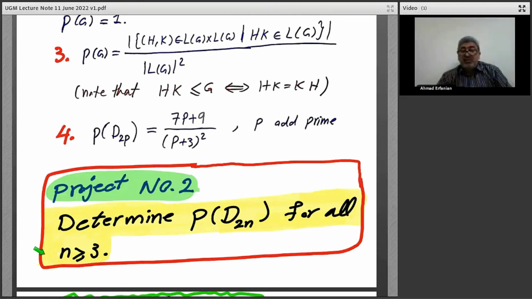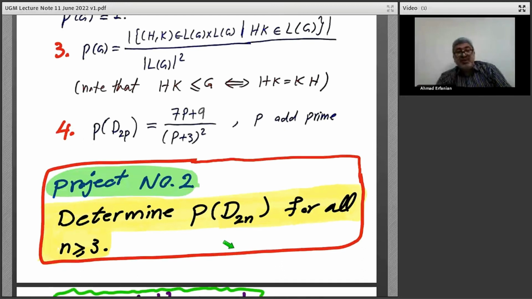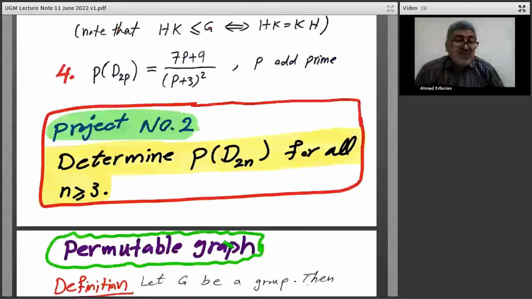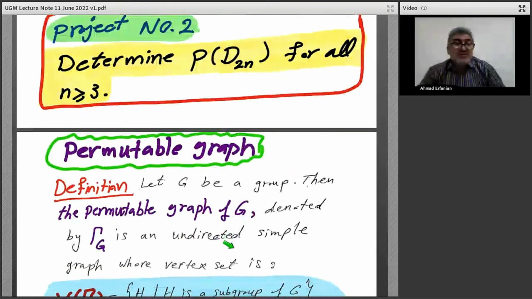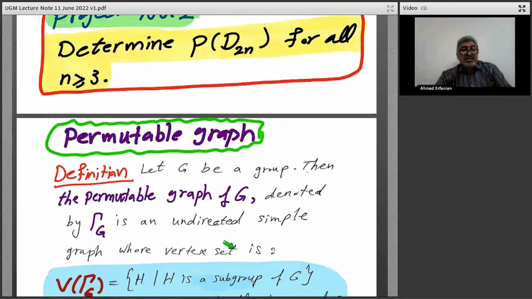You have to count all pairs and then compute the permutability degree as I computed for the dihedral group of order 2 times p, but here for the general case. So this is project number 2. If any of you are interested, you can work on it and just keep in touch with me.